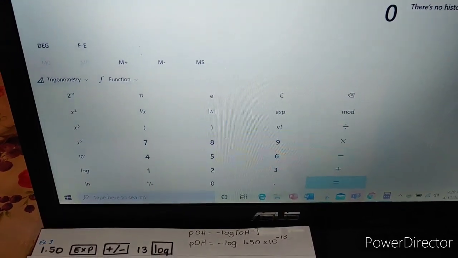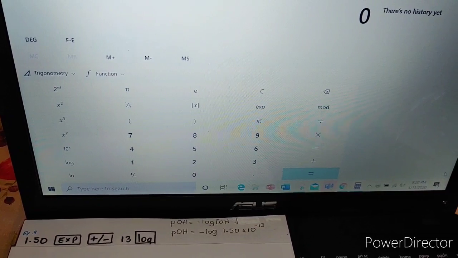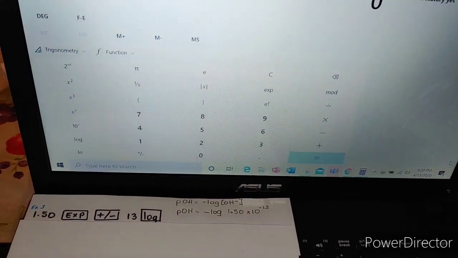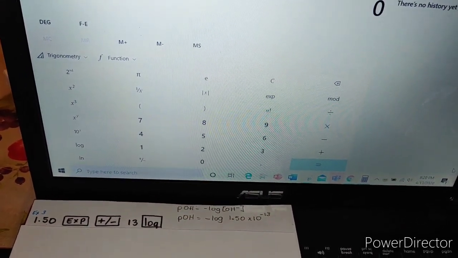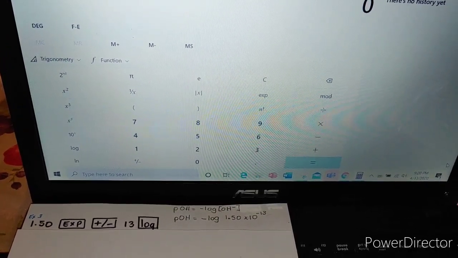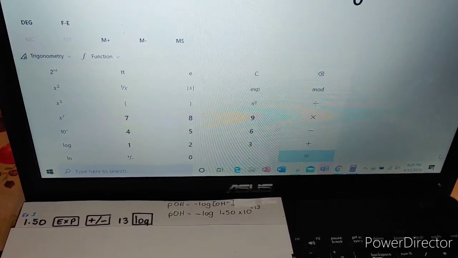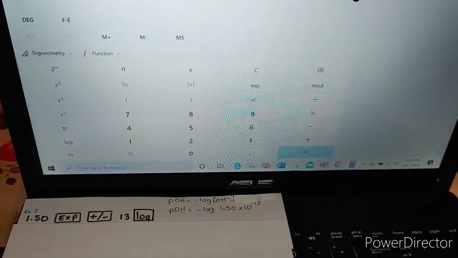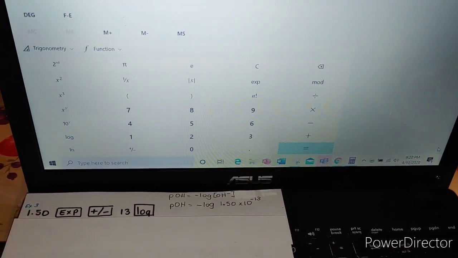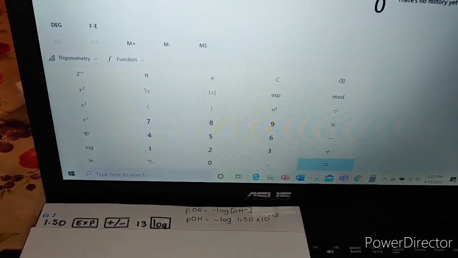Something I want you to also notice with this example, it's really similar to example 1. The only difference is that for example 1, we were trying to find the hydrogen ion concentration. And in this example, we're trying to find the pOH, given the hydroxide ion concentration. So we're going to pretty much follow the same steps.